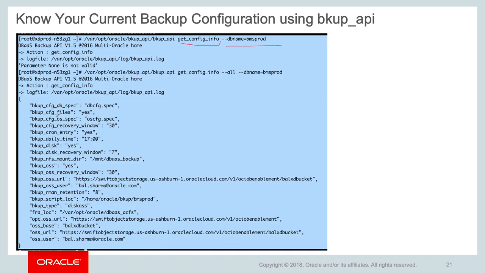For example, I have backup config file, backup daily time is set to 5 o'clock, backup disk is also set, and my backup OSS parameters, backup user, backup script location. Backup type is set to disk OSS, which means both the local backup as well as cloud backup. So this is the way you can know in your environment what the values are.